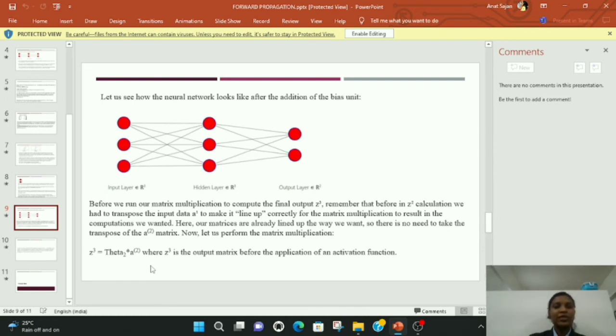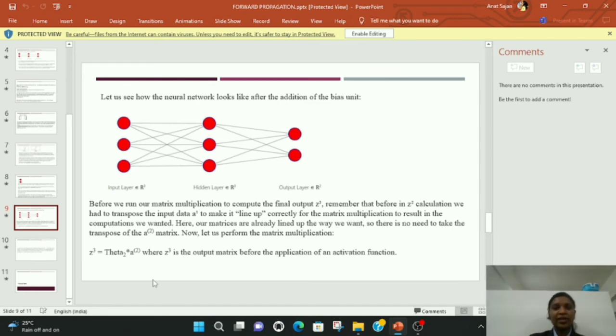Before we run our matrix multiplication to complete the final output z cube, remember that in the z square calculation we had to transpose the input data a1 to make it correct for the matrix multiplication to result in the computation we wanted. Here our matrices are already lined up in the way we want, so there is no need to take the transpose of the A square matrix.